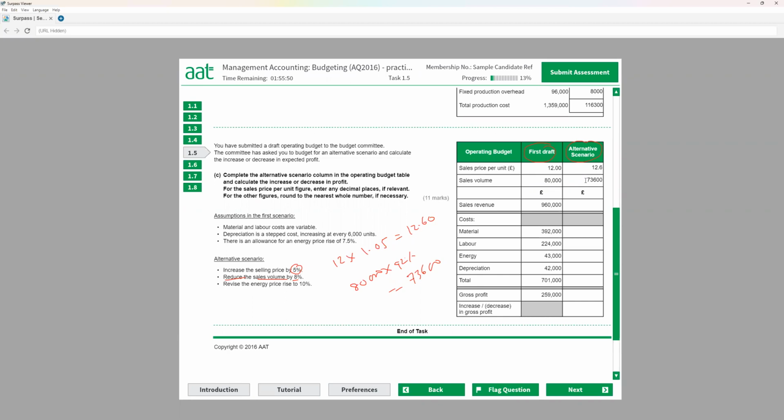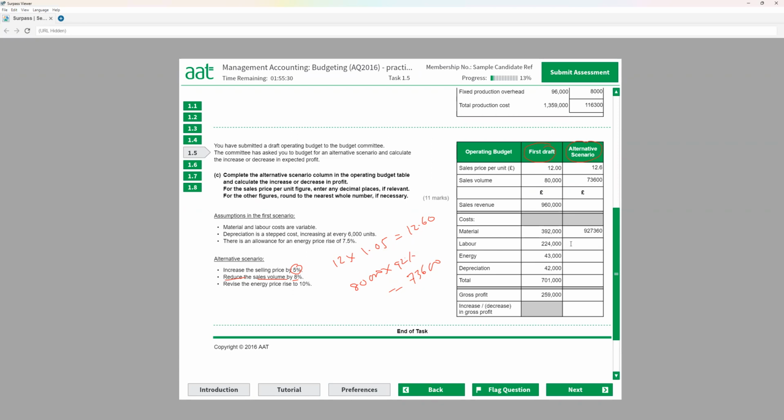Then you have the sales revenue, just multiply these two. So 73,600 multiplied by 12.6 gives me 927,360.